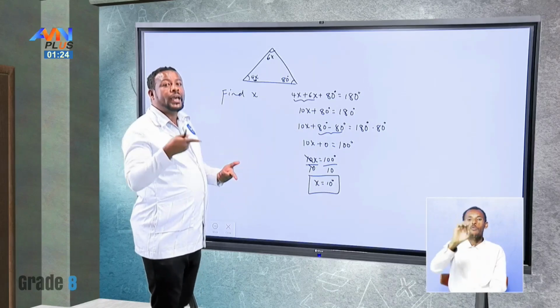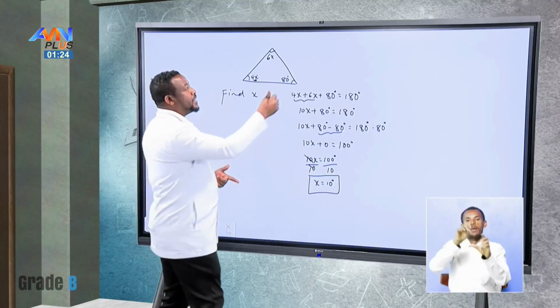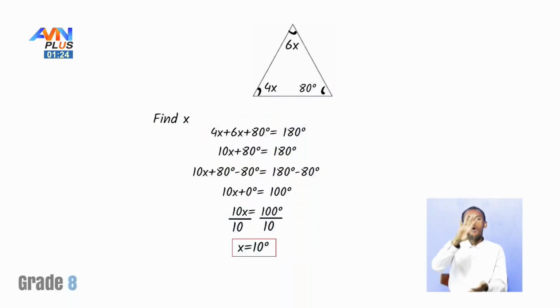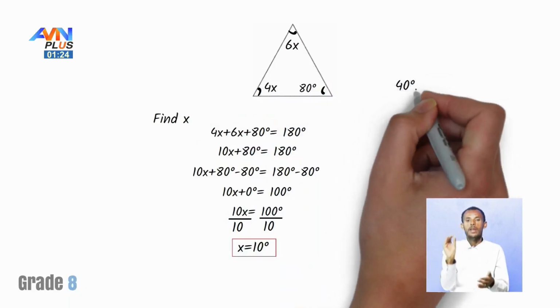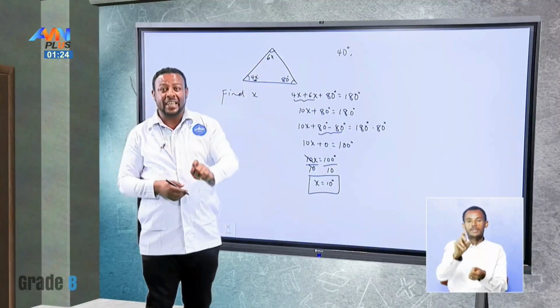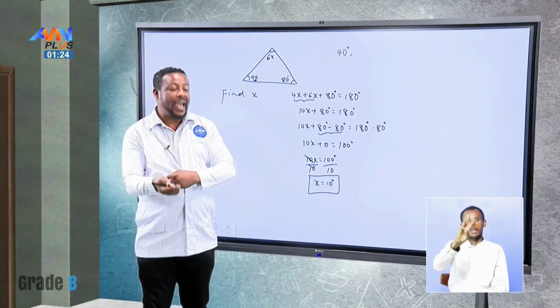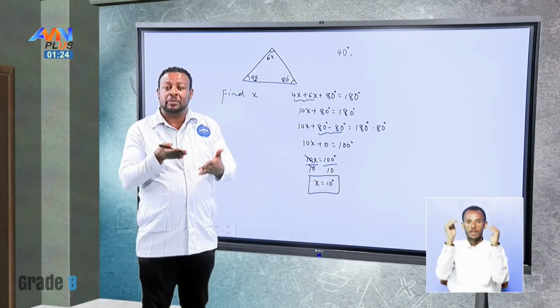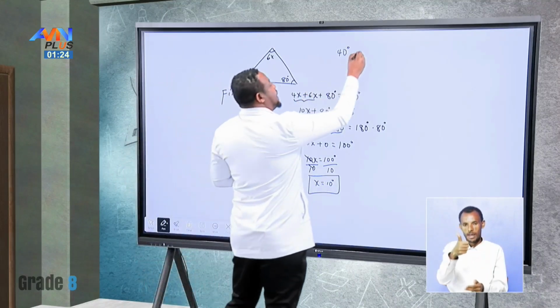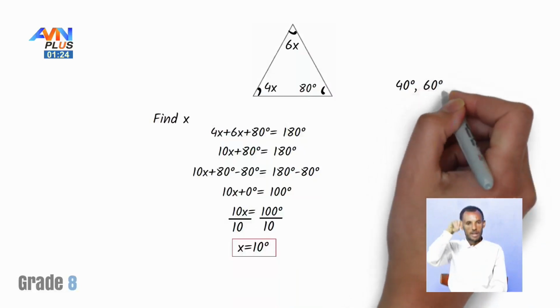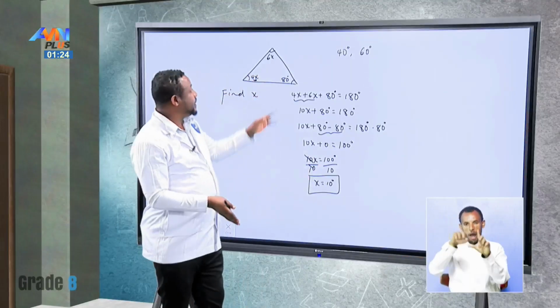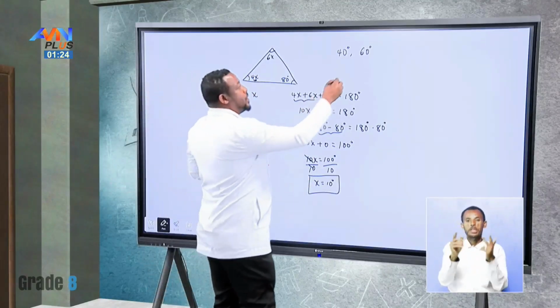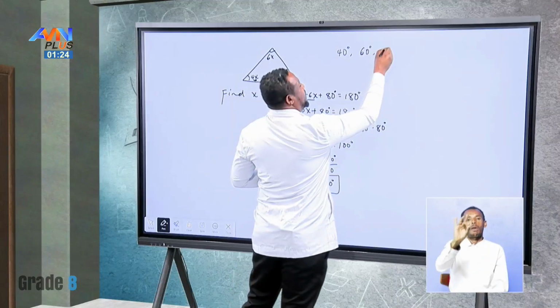Okay, one of the interior angles in this case is 40 degrees. And whenever you substitute x in the second case, 6 times x, that means 6 times 10, the result is 60 degrees, right? So the second angle is 60, the third is already known, which is 80 degrees, right?